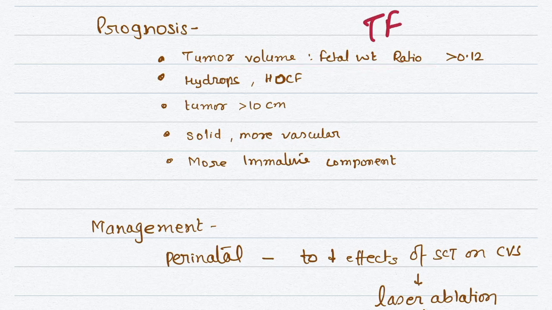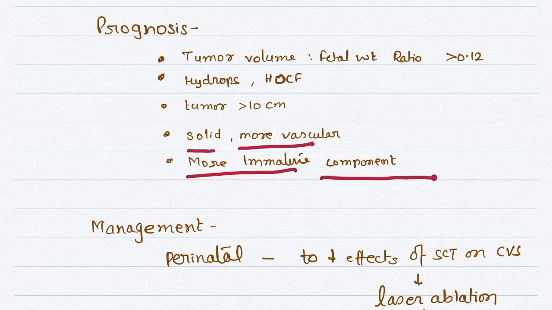If it is more than 0.12, then it is associated with a poorer prognosis. Development of hydrops and HOCF are associated with poor prognosis. Tumor size more than 10 centimeter is associated with poor prognosis. Solid tumor, more vascular tumor, more immature component, and more malignant component are also associated with poorer prognosis.